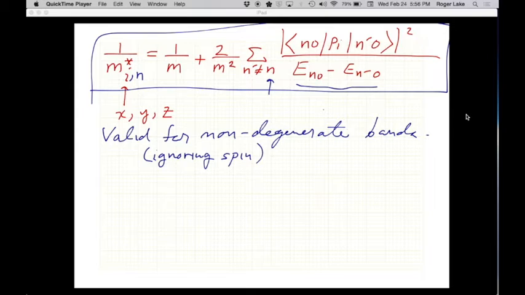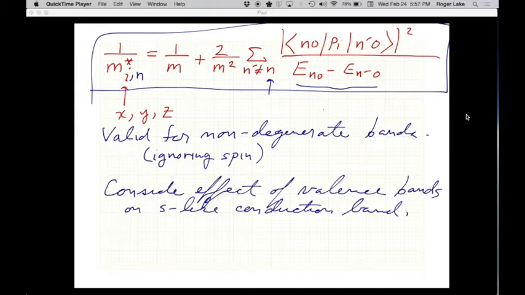All right, so now that we have this expression, let's look at it and ask, what does it tell us about the semiconductor that we've just been looking at, like silicon or gallium arsenide or something like that. We can ask, this expression would be perfectly valid to consider the effect of the valence bands on the S-like conduction band.